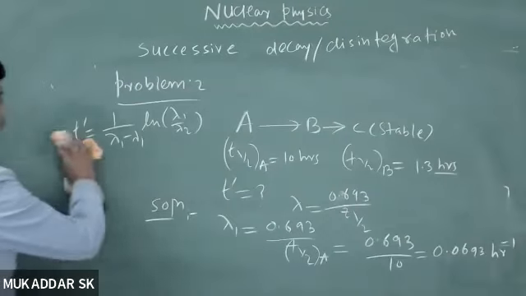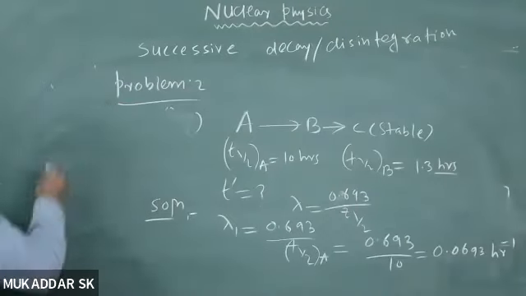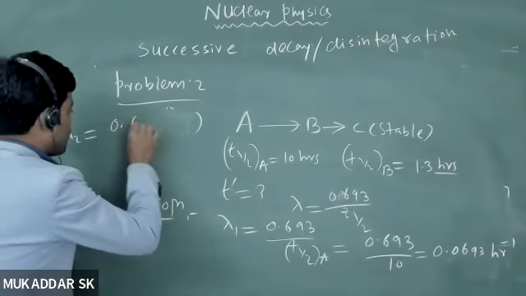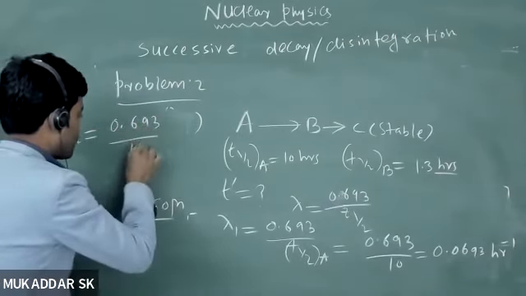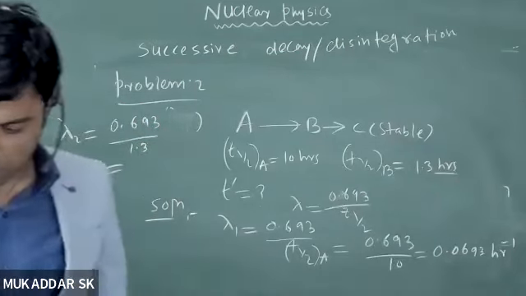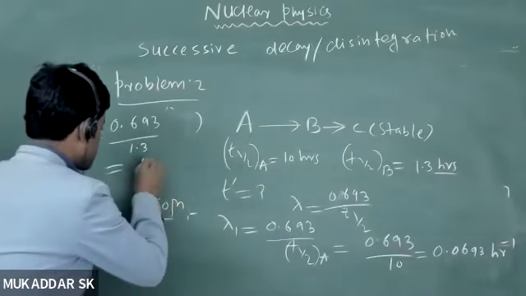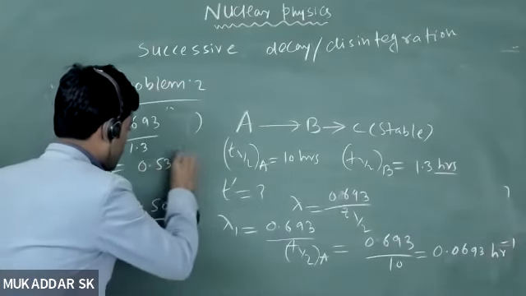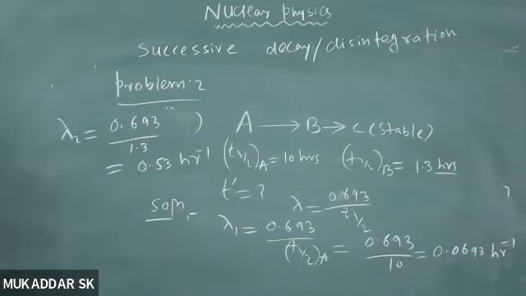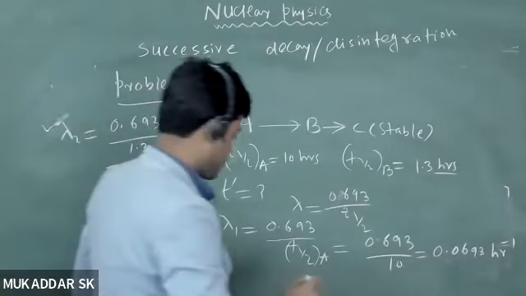And similarly, I can calculate lambda 2 as well. Lambda 2 will be 0.693 divided by 1.3. If you calculate, I have done it, you'll get 0.53 per hour. I have calculated lambda 2 and lambda 1, right?